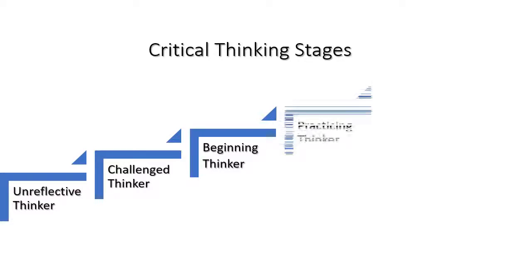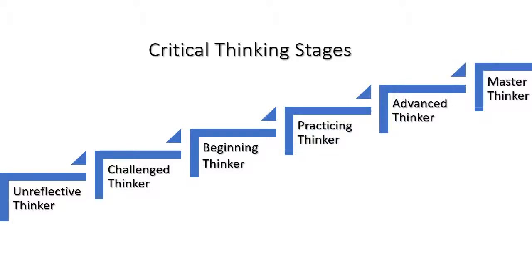On the other hand, the practicing thinker recognizes the need of regular practice. Our goal should be to have advanced and mastered thinkers in our classrooms, both of them advanced by practicing and thinking critically, becoming a second nature.